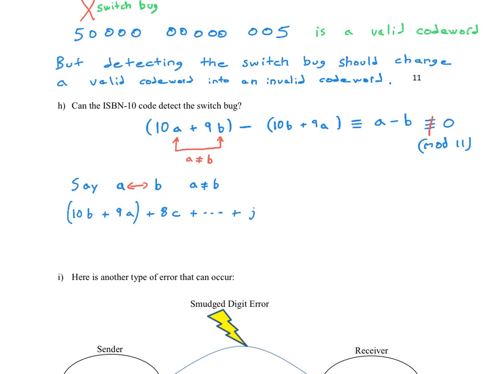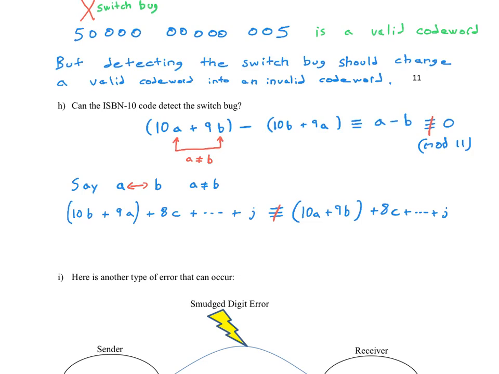So if we think about making that exchange below, we're going to get something different out of the deal if we exchange what's in the brackets for the 10A plus 9B. And then the rest of it all stays the same, 8C, and then all the way down to the check digit, which is J.